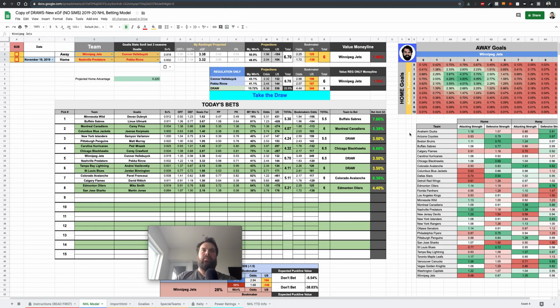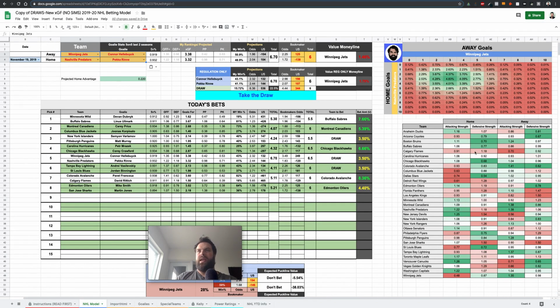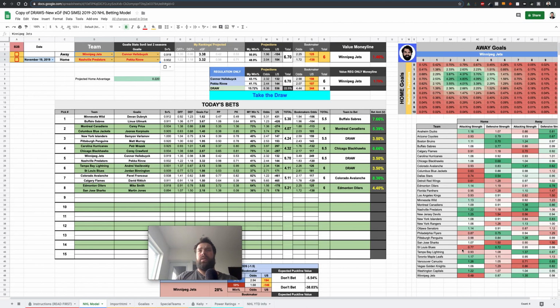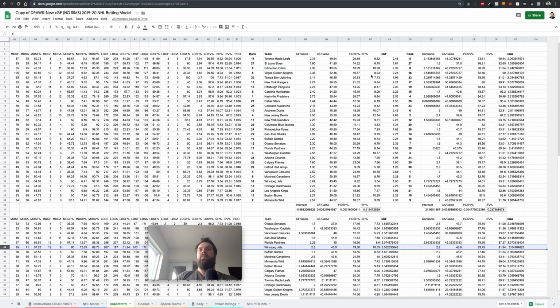Now that we've played, most teams have played around 20 games, I'm starting to feel more confident in just using the 2019-2020 season statistics. Part of the reason that I can do that is because I've built, and sorry, these tabs are slow switching, a linear regression using a larger data set.